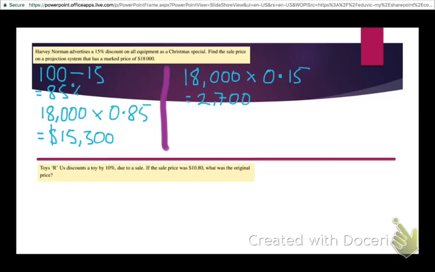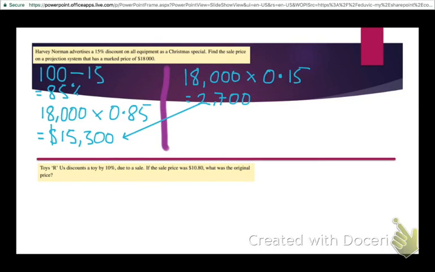And I won't go any further, but you can see now that that 2,700 is simply the difference between the original price and the price we got over here. Okay, so you subtract the 15% from 18,000 and you have your answer.